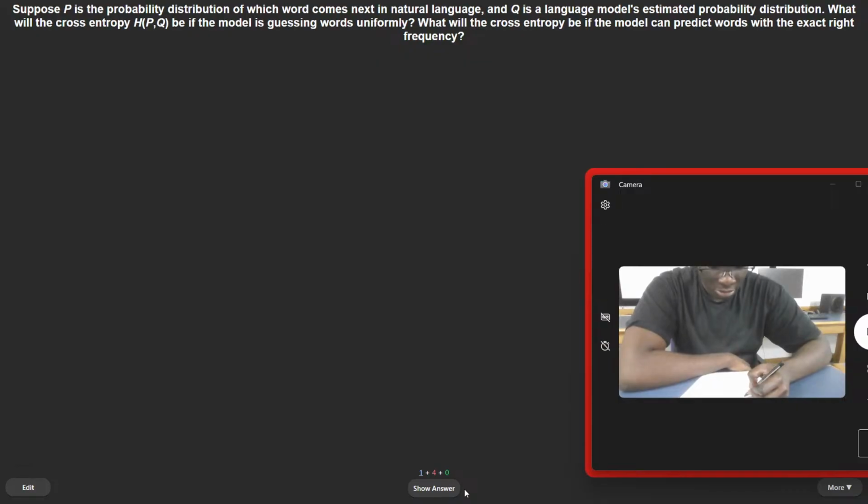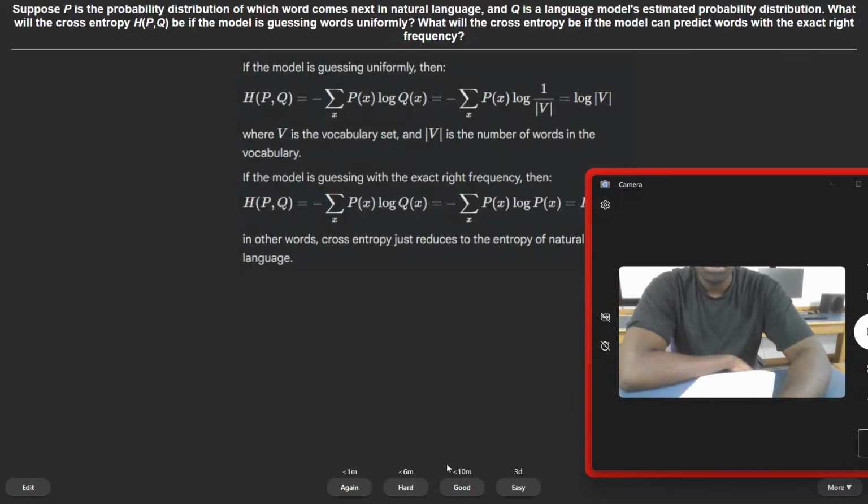By definition of probability, the sum over x of p(x) is just one, so it's just the logarithm of the vocabulary size. And if the model can predict words with the exact right frequency, then the cross entropy is just the same as the entropy, because you have a KL divergence of 0. We know that the KL divergence is just the difference between the cross entropy and the entropy.